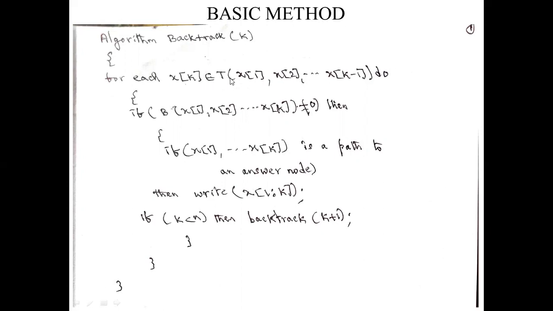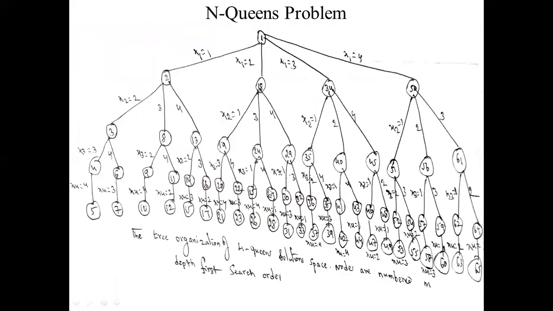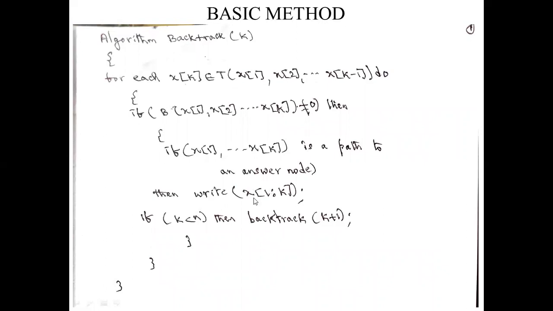If x of k plus 1 belongs to the same family, then apply the bounding function. If the bounding function is also true, and x of 1 to x of k plus 1 is leading to an answer node, then display x of 1 to x of k plus 1. Otherwise, if k plus 1 is less than n, then go to the next trial or next element, and so on. So this is the backtracking procedure.